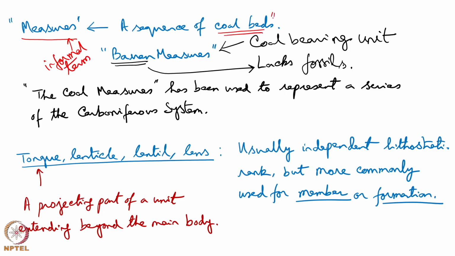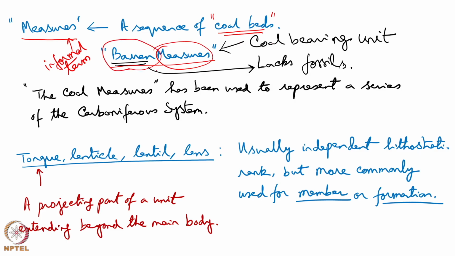Earlier, I have said that the economically important layers can be designated as formation, at least as a unit in stratigraphy. That is what is said. Measures is a term that can be used. In Indian stratigraphy, we find, for example, a term barren measures. Here, measures means it is a coal bearing unit, barren means it is devoid of.